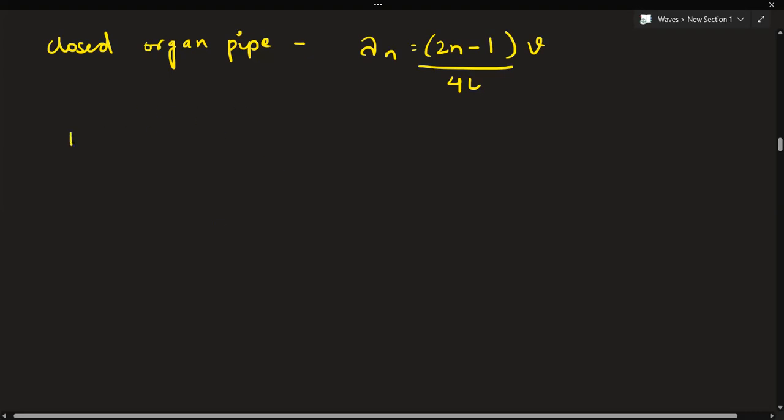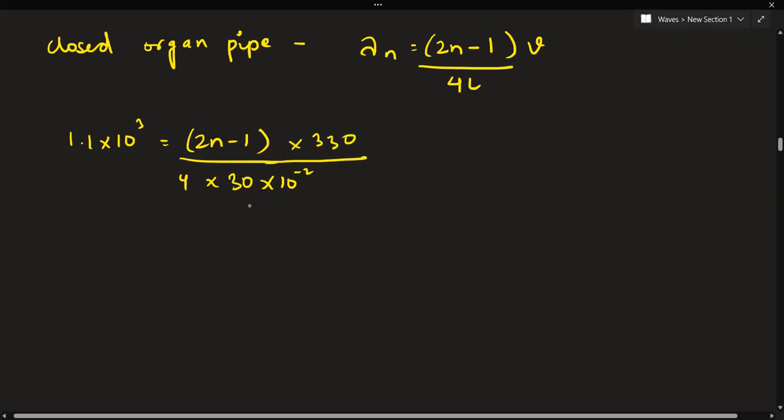So the frequency will again be 1.1 into 10 to the power 3 hertz, equal to 2n minus 1, which we don't know, divided by 4l. L will be 30 centimeters, and the velocity will be 330 meter per second. This is the data.